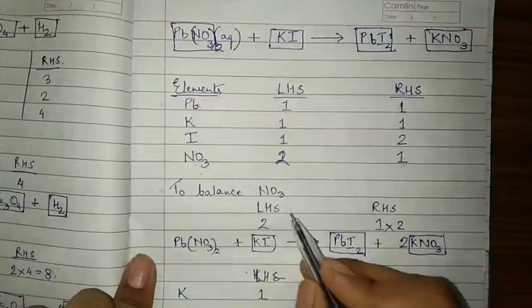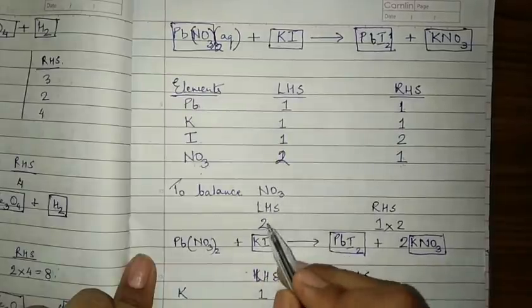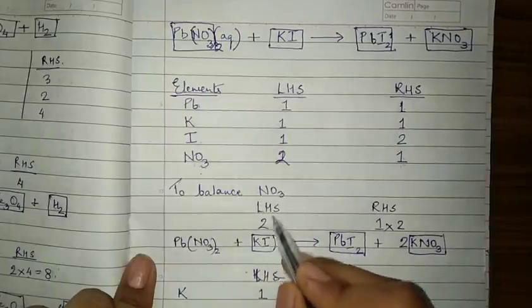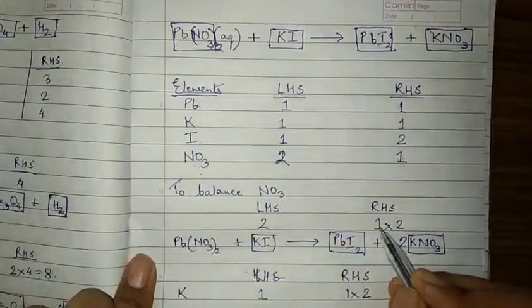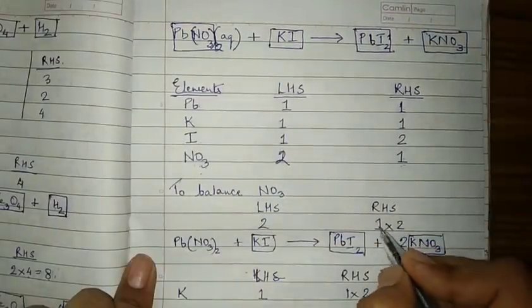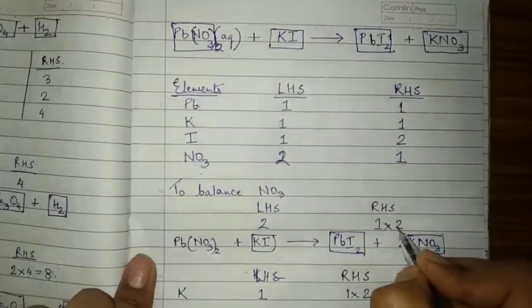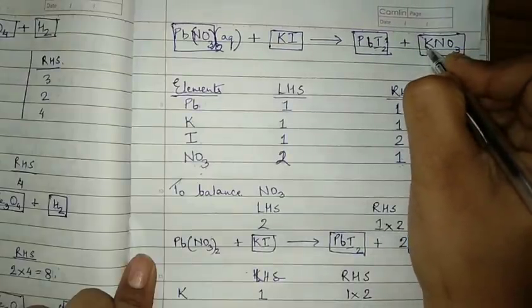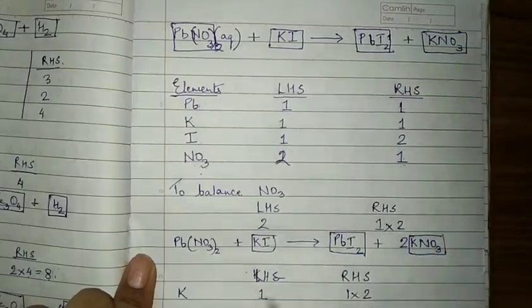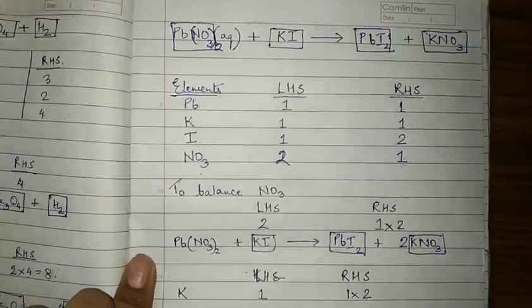Now, we see NO3 is 2 on the left hand side and NO3 is only 1 on the right hand side. So, we multiply the right hand side NO3 by 2. Now, because this NO3 was existing along with K, we need to multiply the K also by 2.